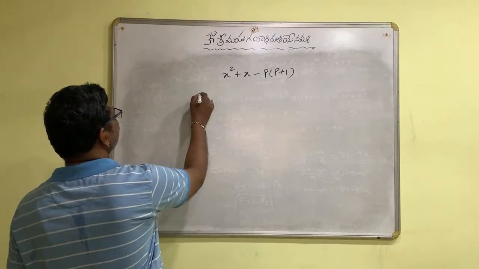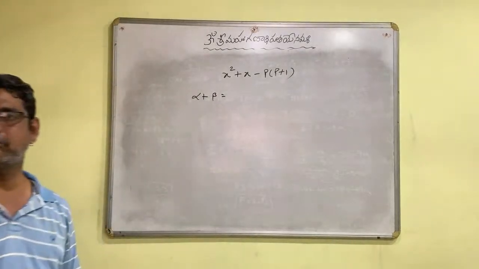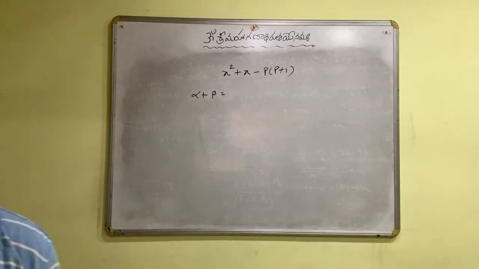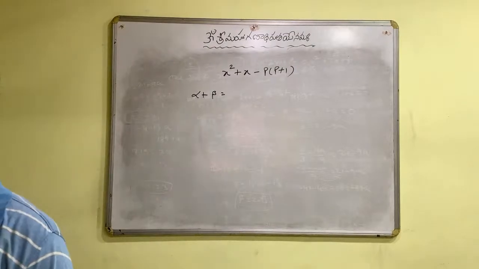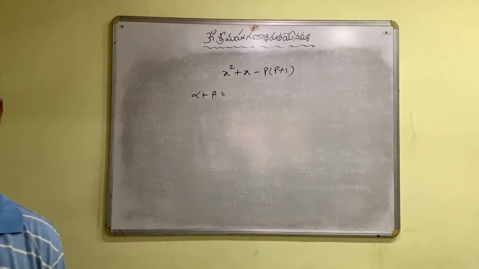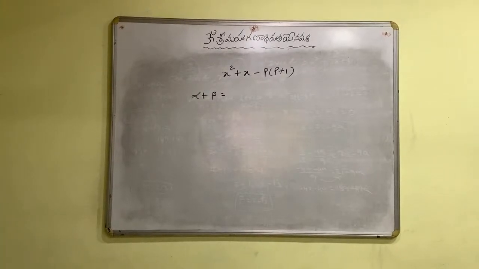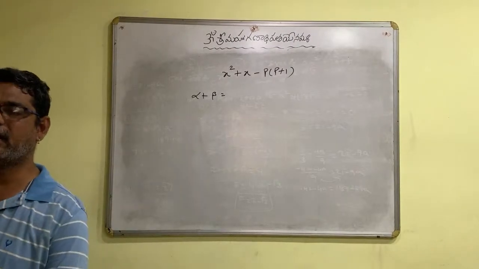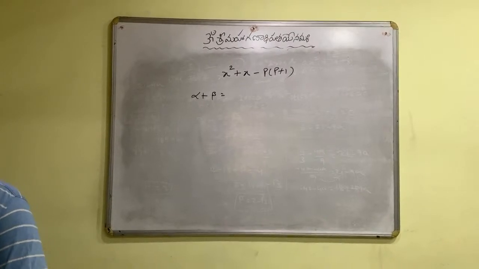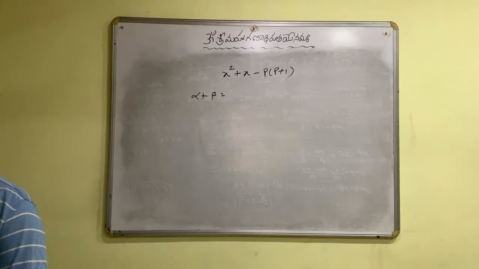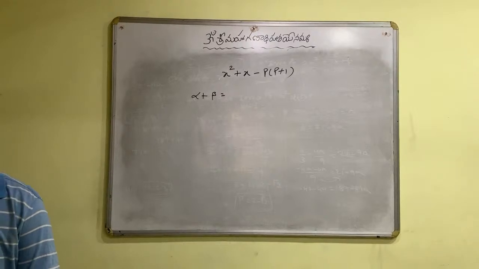Can anyone say what is alpha plus beta from this? Darsh, Tanmay: minus 1, right?